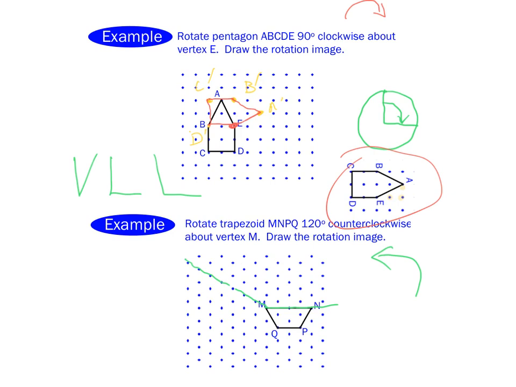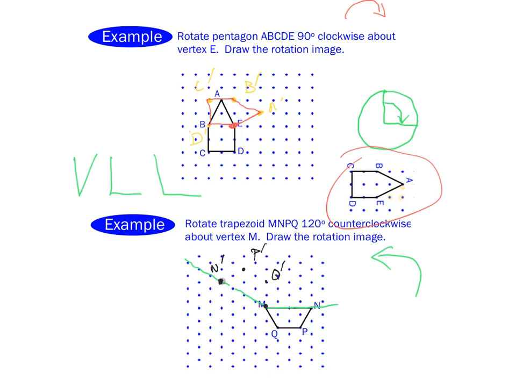My new n prime, then that's going to be my p prime. That's going to be q prime. And m is going to stay the same because that's our anchor point, our rotational center.